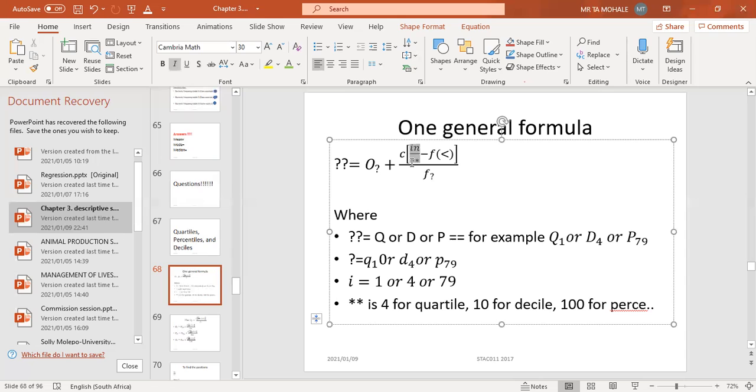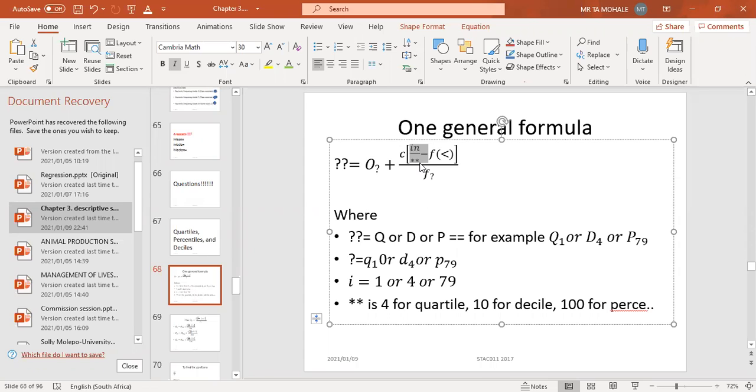Wherever you see the asterisk in I N over the stars, you substitute either 4, 10, or 100, depending on what you are calculating. For quartiles, the maximum is 4, so you divide by 4.